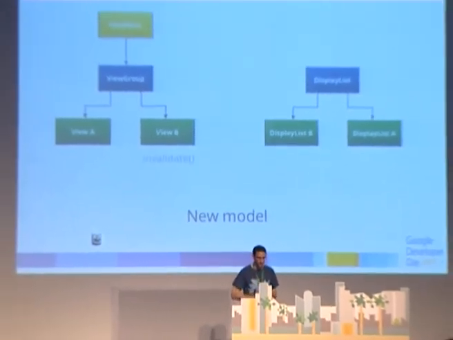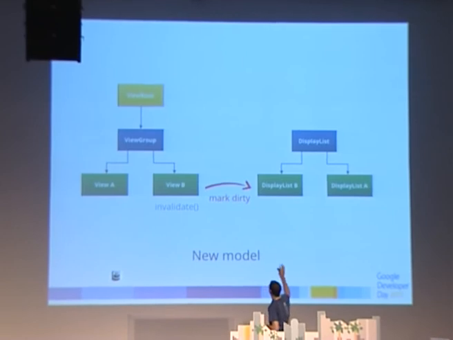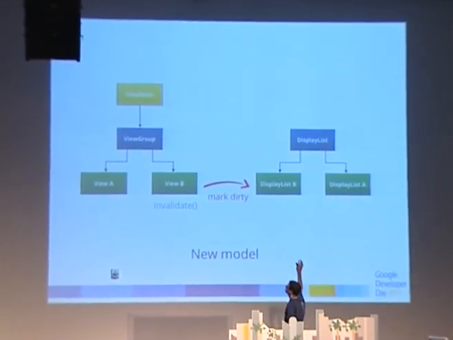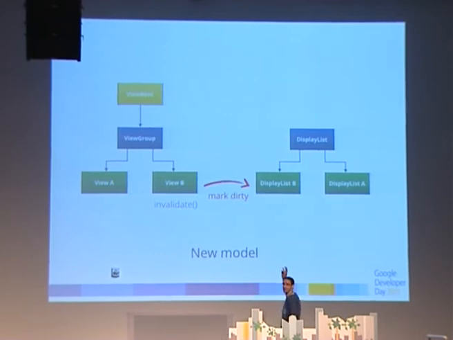So the new model, you invalidate your view. We have these display lists here, which got cached when the first view was drawn. When that was drawn the first time and it was run through, we cached the set of display lists on the right-hand side. And now, if something changes on the left-hand side, we can just say the equivalent display list needs rebuilding.